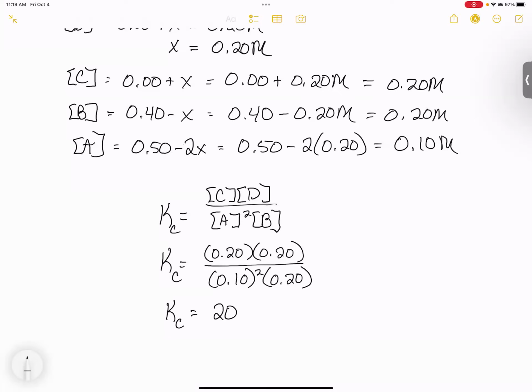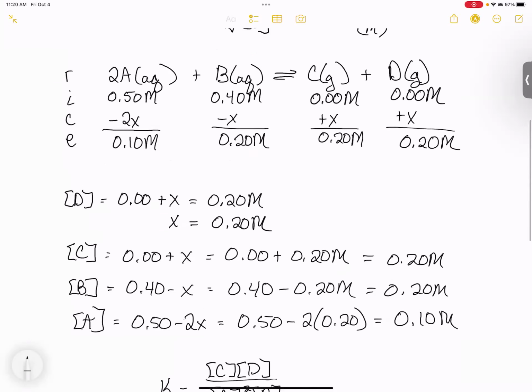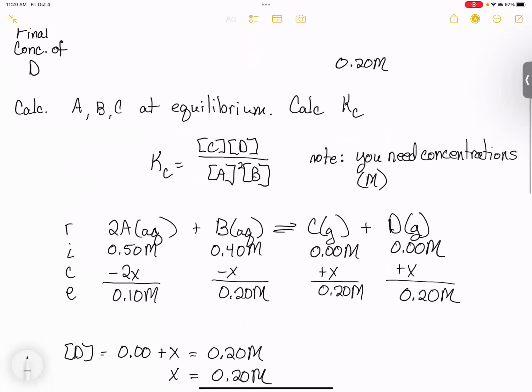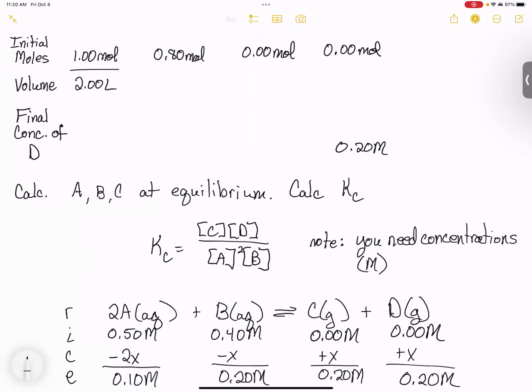Yes. So the calculating A, B, and C at equilibrium was the part where we have smaller concentration. So the first thing we did was, because we want Kc, that means we need concentration, because that's what brackets mean. Therefore, you had to get the concentration of each of your starting materials by dividing the moles by the liters.